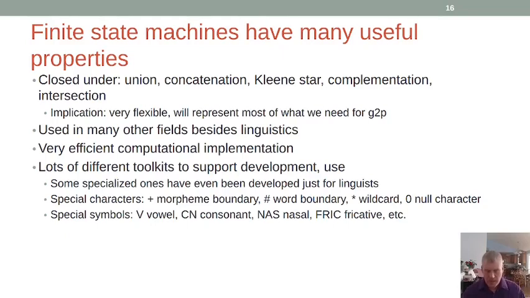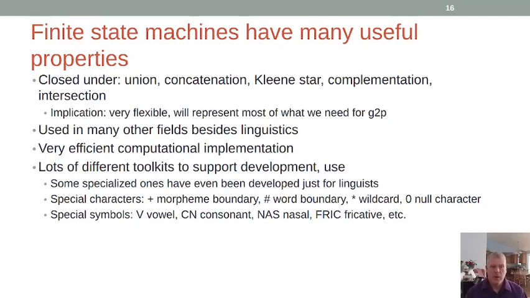They're very efficient computationally. And there are lots of different toolkits to support development of finite state machines and transducers. Some are specialized, developed just for linguistics, and there are others that are general and can be used for linguistics or other things as well.